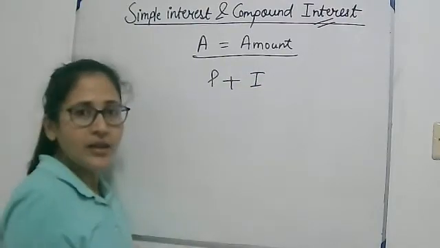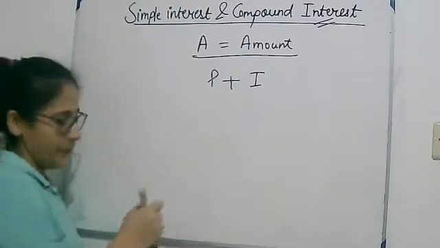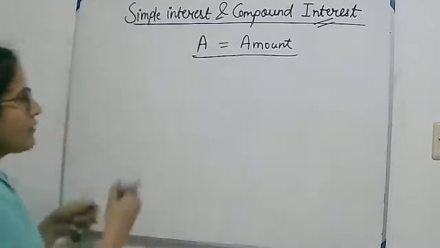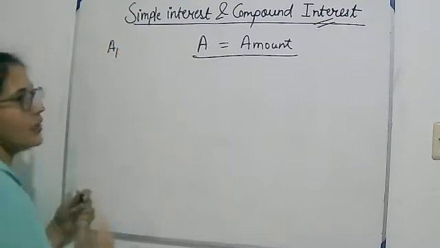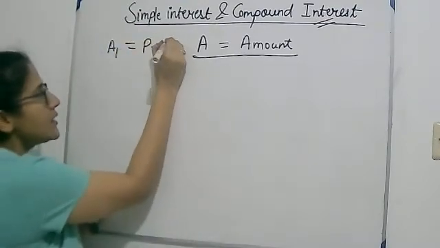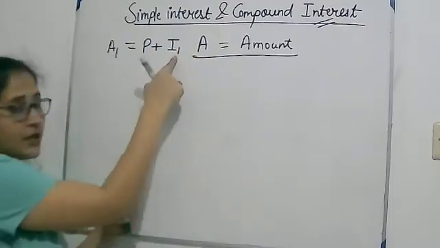So in how many years? Let's see. Like for the first year, the amount what we have to give is the principal amount plus interest of the first year. What is the interest of the first year?